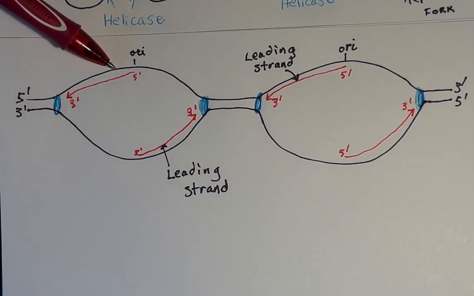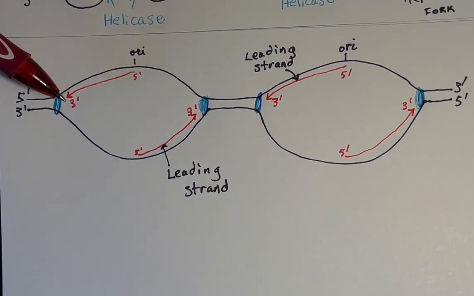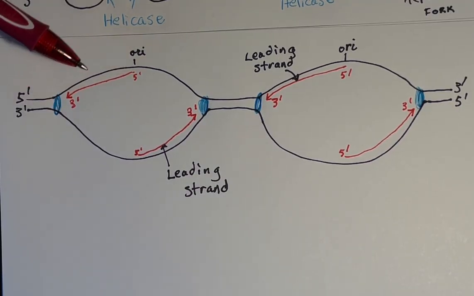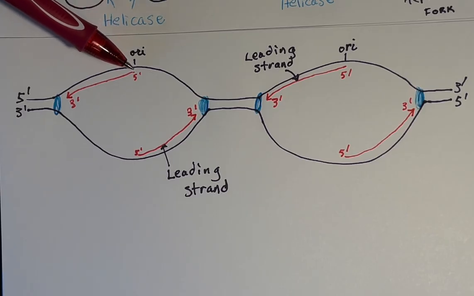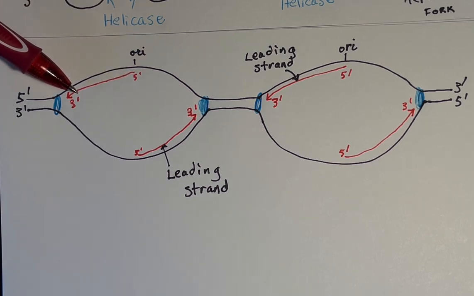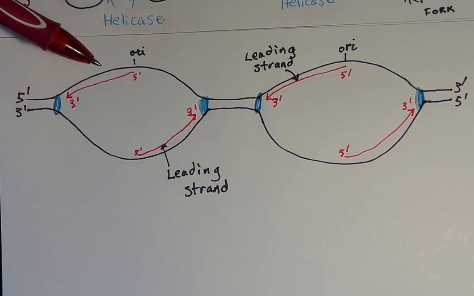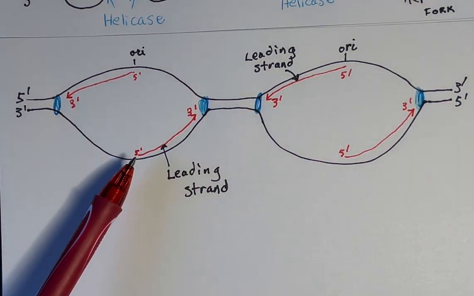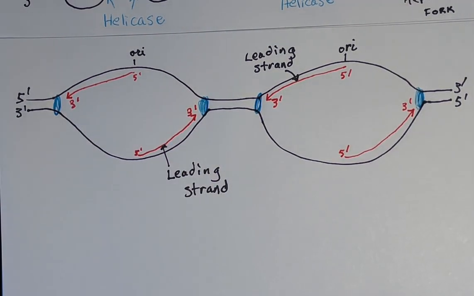So the original strand is in black, the new strand is in red, and the new strand is growing towards the fork because here was the origin of replication. So bases started to get added at that point. We're adding nucleotides along as we go, and these are known as the leading strand.